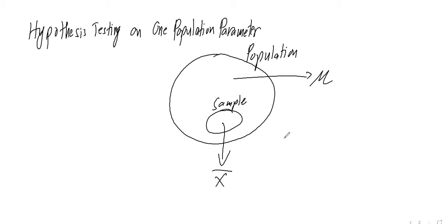So, hypothesis testing on one population parameter would usually ask if the population mean is actually equal to the mean of the sample. This will tell us whether the sample can represent the population.